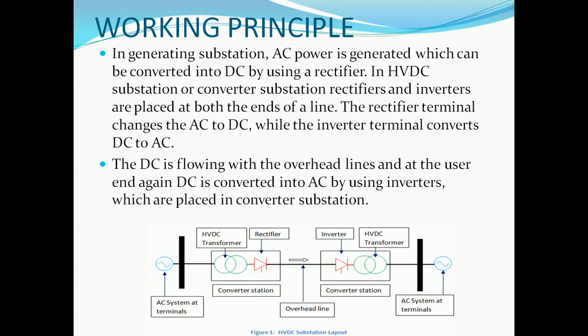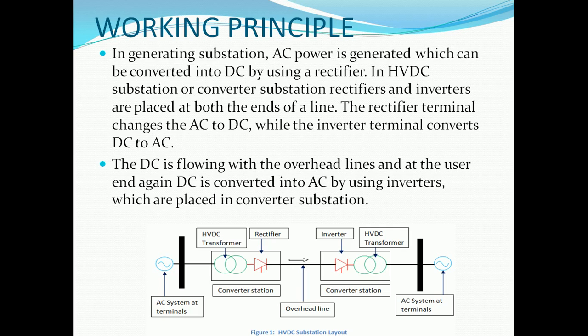Now, let us talk about the working principle of an HVDC system. In a generating substation, the power generated is usually AC, which can be converted to DC using a rectifier. Hence, in an HVDC substation or a converter substation, rectifiers and inverters are always placed at both ends of the line. Here, a rectifier converts AC to DC while an inverter converts DC to AC.